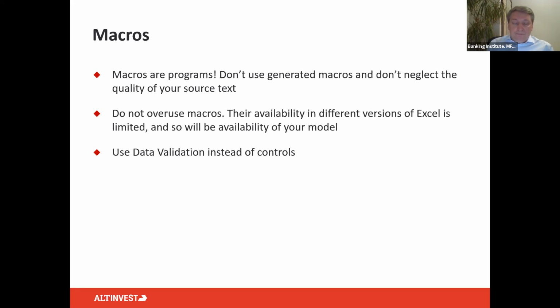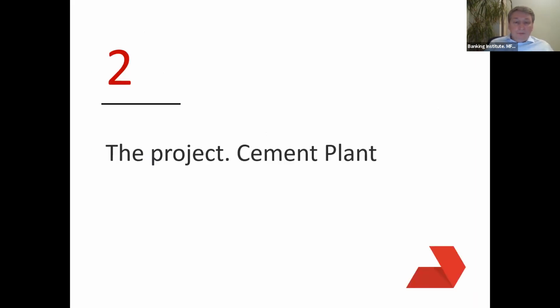They make the model more complicated for usage and for anything. And for some things like controls in the model, we will use other ways of doing things. For example, data validation can create our controls in the model. We'll see that later.